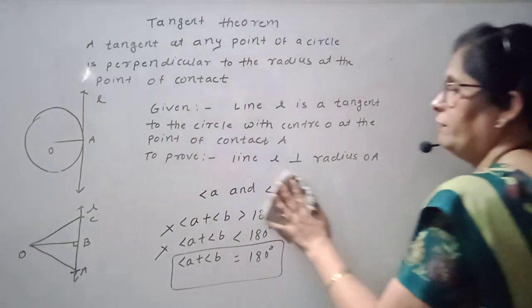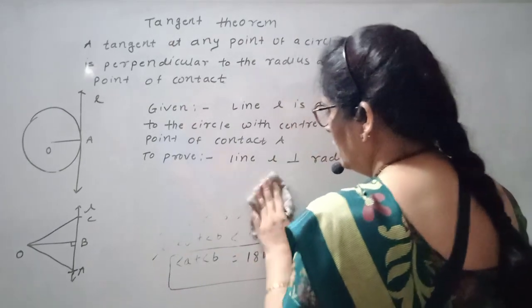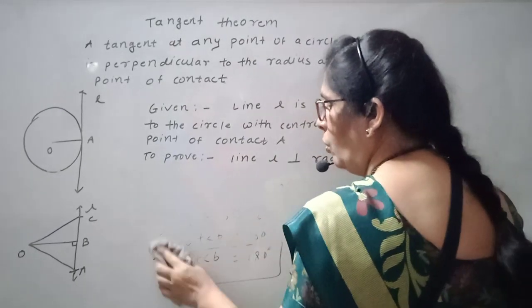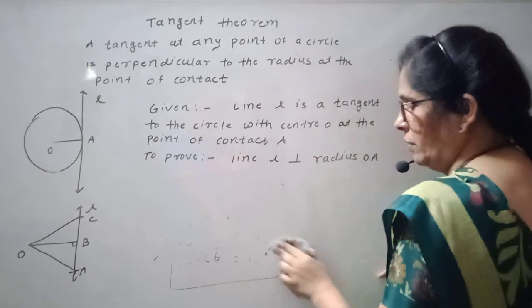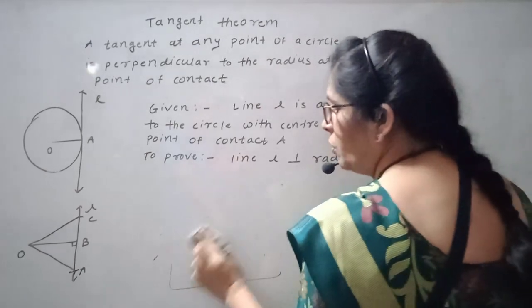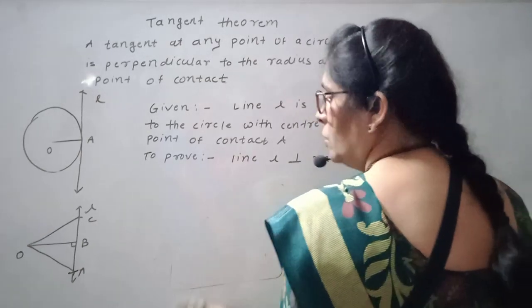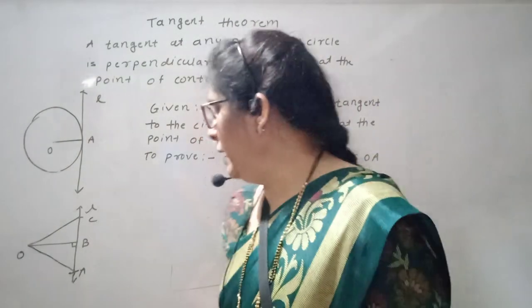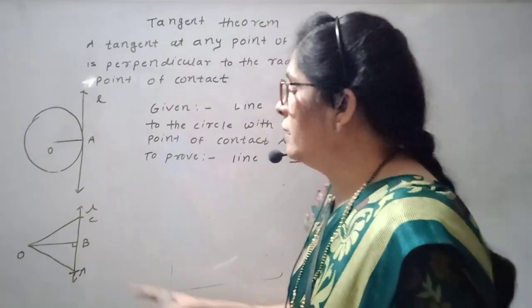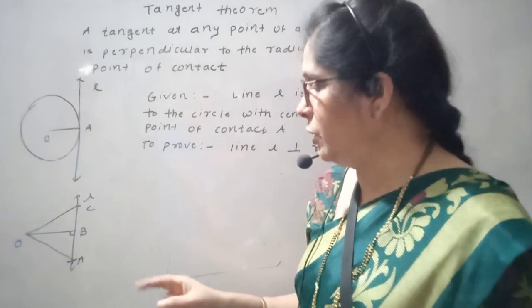Okay. Now we will prove this theorem by indirect method. Now here what we have to prove? OA is perpendicular to the tangent. But instead of OA, I will assume that OA is not perpendicular to the line L. Instead, segment OB is the perpendicular.